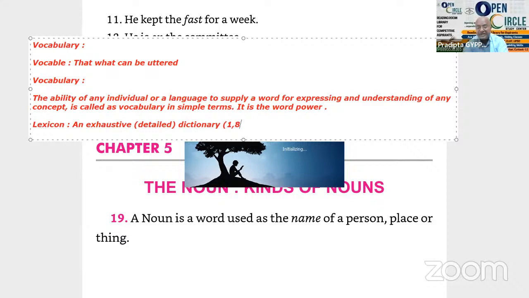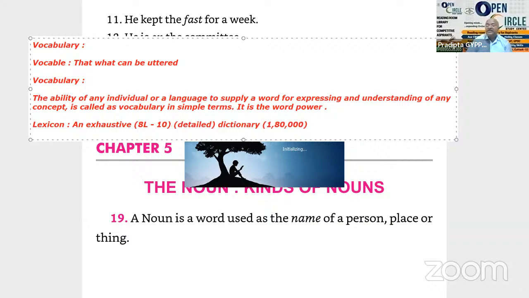How many words? Approximately 1,00,000 to 80,000. But lexicons are bigger than that. Lexicons contain, when I say detailed or exhaustive, 8 lakhs to 10 lakh words, approximately 5 times that of a dictionary.